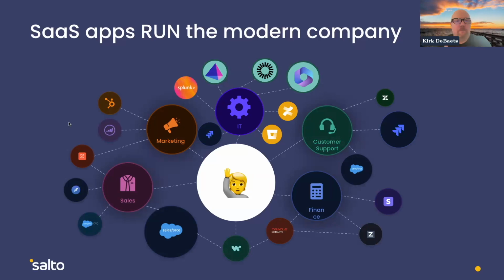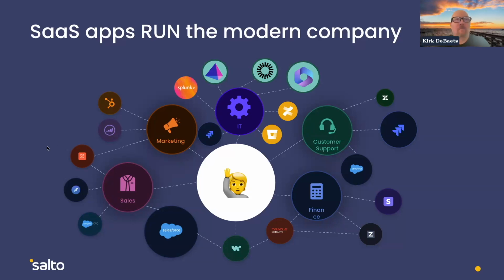Which all of you guys know, since you're here, is that SaaS apps run the modern company. That's not just here on the IT side where we're talking about Jira, but also in the sales side with Salesforce, operations over there with NetSuite, customer support with Zendesk, as well as a gazillion other SaaS applications.